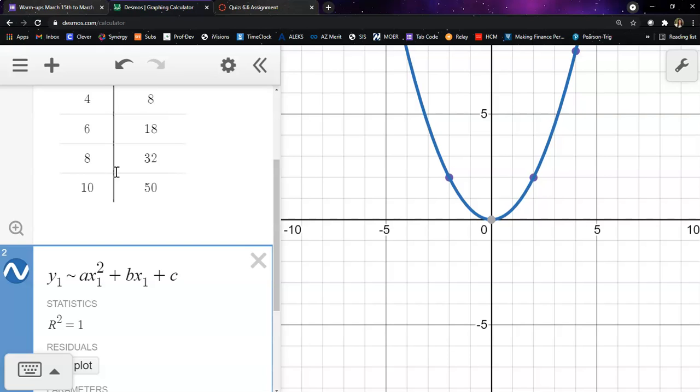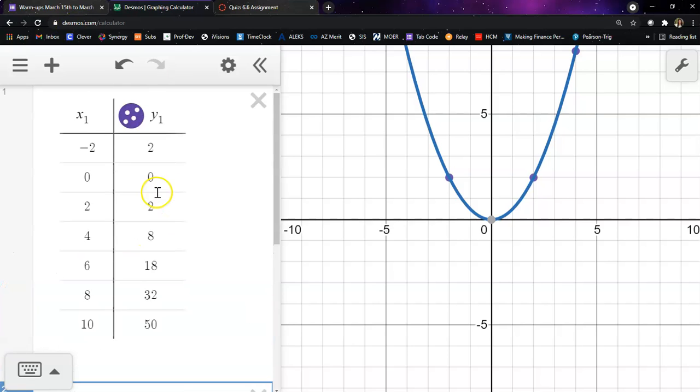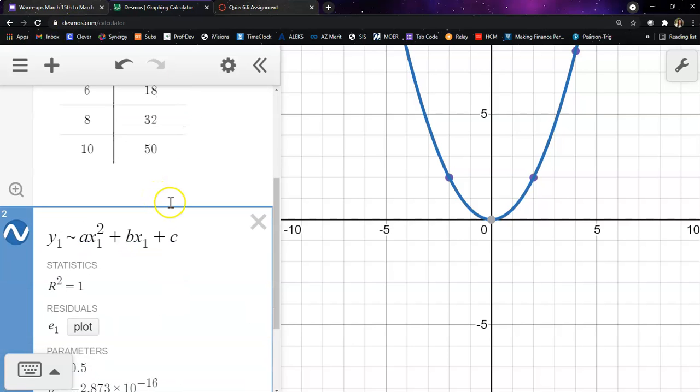Oh, I know why it's not. This table is an X1 island. Mine is. Yours isn't, though.